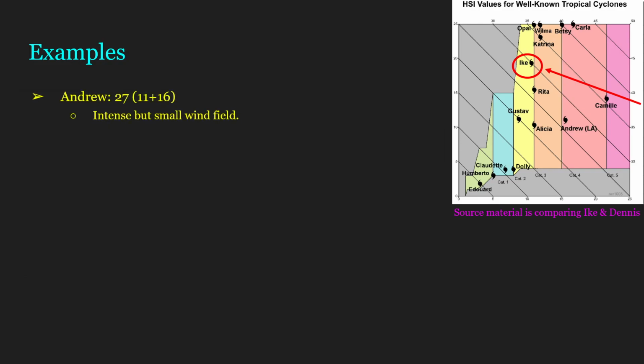Let's say Andrew. Andrew had a maximum HSI of 27. Andrew had a wind field of 11 and a wind intensity of 16 on the HSI. This is different than the landfall HSI of Andrew, because HSI can be measured at almost any point in a tropical storm's life.